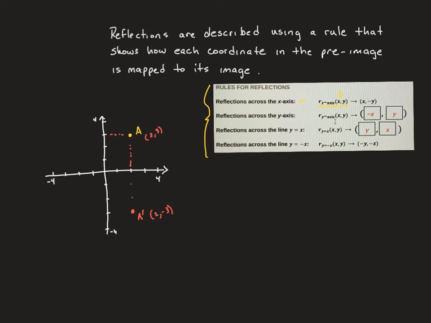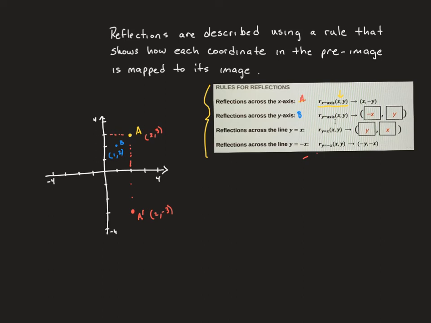Let's see what's next. So we'll say that this was A, and let's look at B. If we reflect over the y-axis, point B right here has an ordered pair of (1, 2).